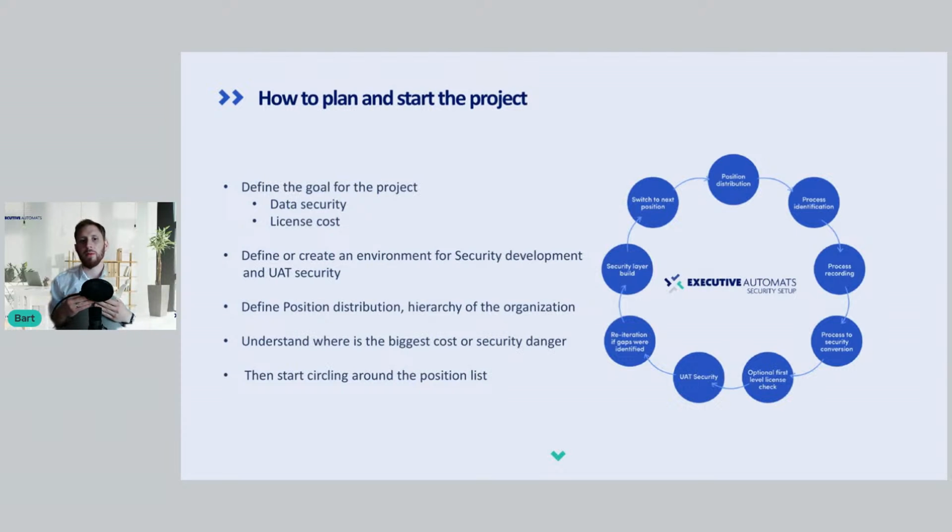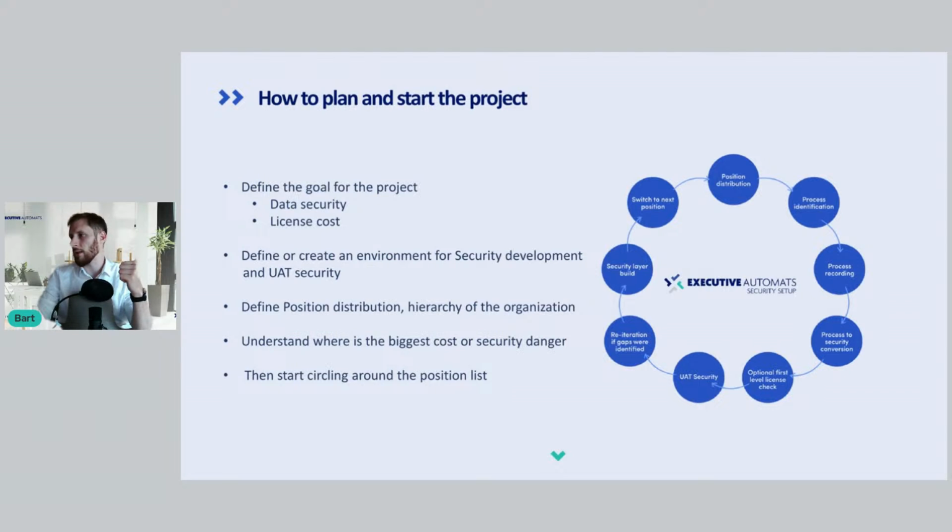And then we are starting to circle around that specific process. Let me walk you through what we see on the right-hand side. We've got position distribution. So we want to see how many specific positions we've got in the organization. We're identifying processes.